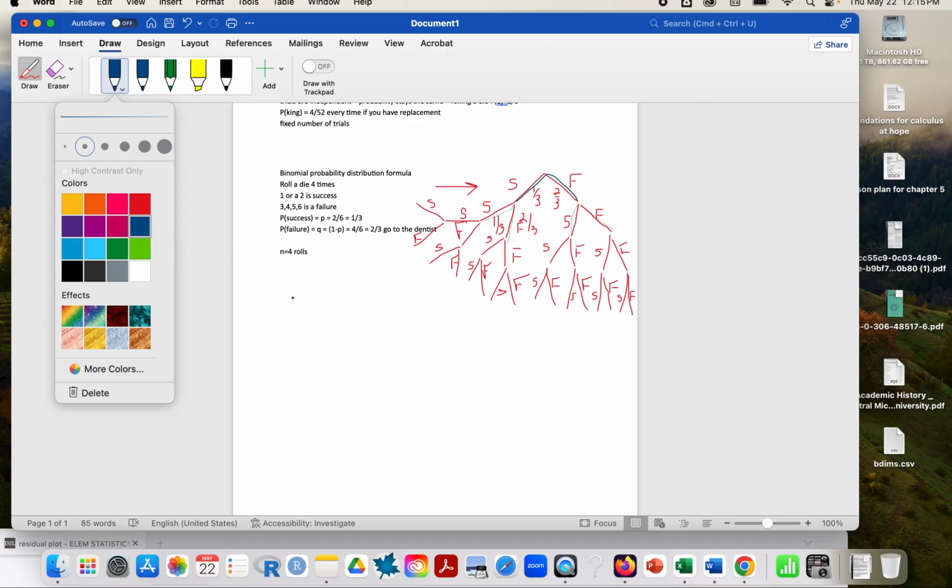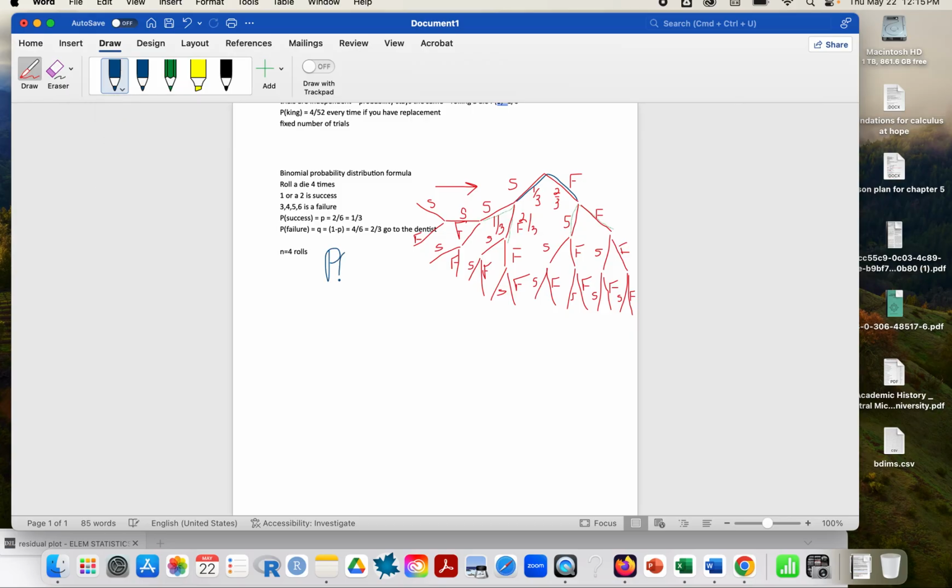What we're going to talk about for a second is all of the possible paths that have exactly 2 successes. Notation-wise, what I'm working towards is the probability of 2 successes. Well, that implies that I've got 2 failures. So working left to right, success, success, failure, failure. That's one path.